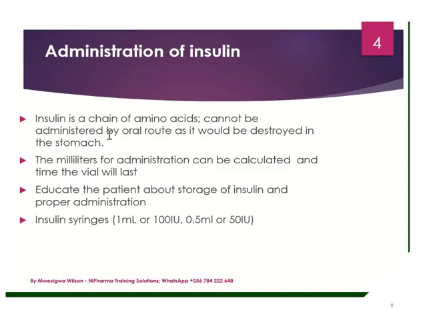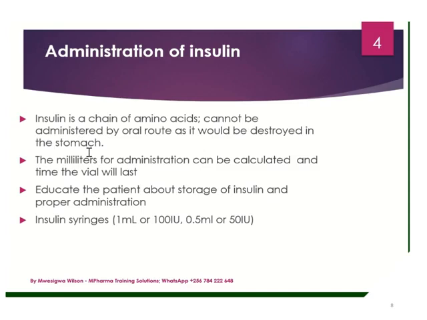Now, insulin is a chain of amino acids. Being a protein means that it cannot be administered by the oral route, because it would be destroyed in the stomach, so it is given by subcutaneous route.